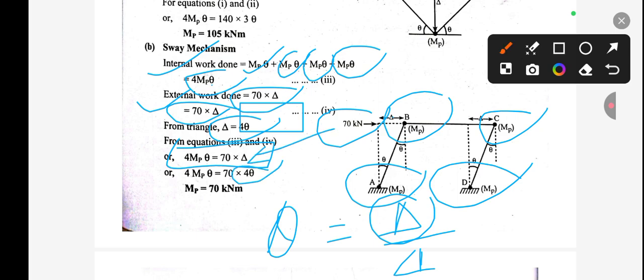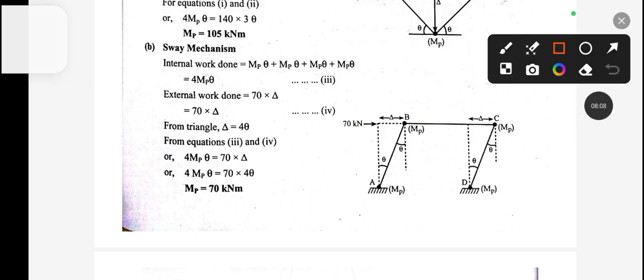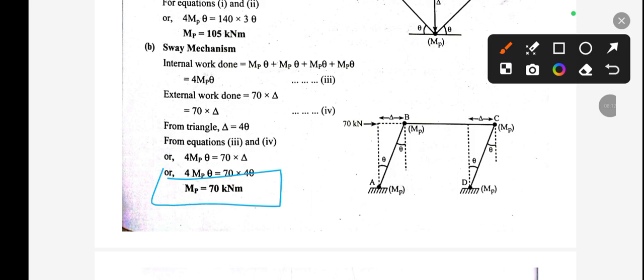From here this theta will be cancelled out, and this 4 will also cancel out, so the value of MP we got is 70 kilonewton meter. So we get two different values: MP 70 kilonewton meter from the sway mechanism and MP 105 kilonewton meter from the beam mechanism.